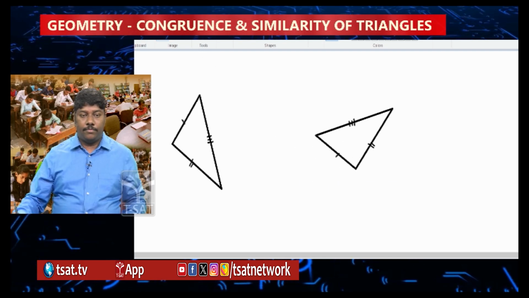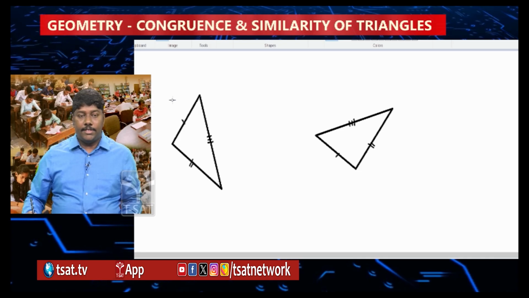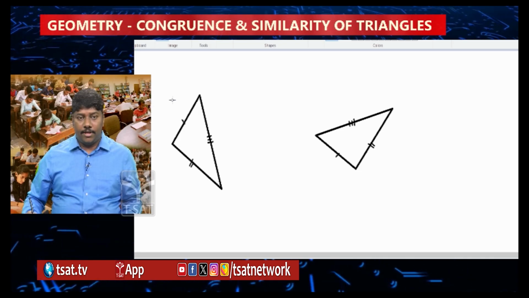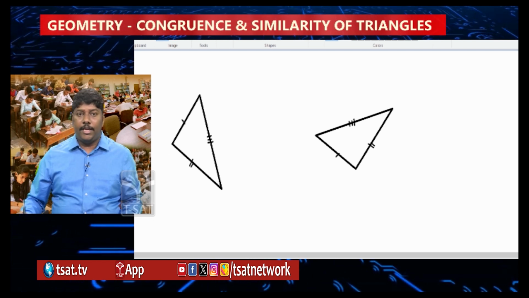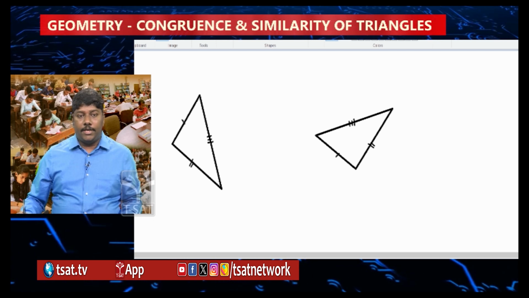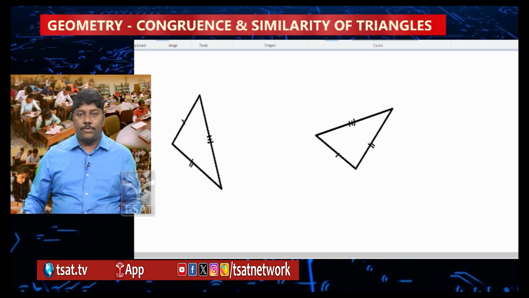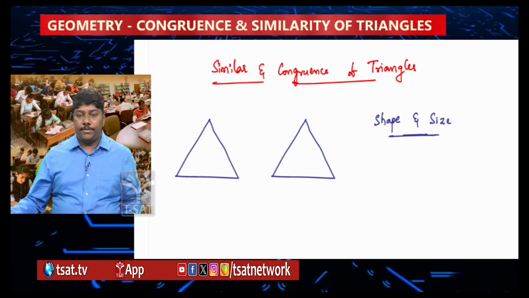Now, by looking at side 1, side 2, side 3, we can say these two triangles are equal in shape as well as in size. I may not be giving them exactly the same way, but I am rotating it and giving it. In any pattern, it doesn't matter, but all you must remember is they must be equal in shape as well as in size. So, you call it congruency of triangles.